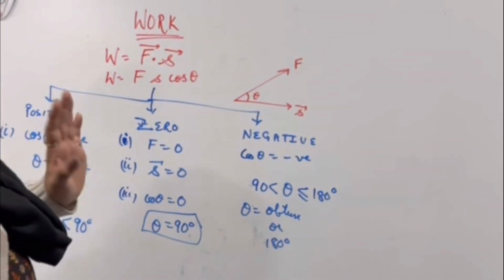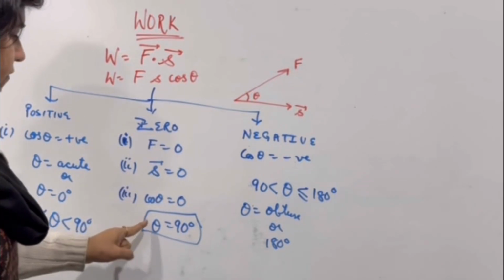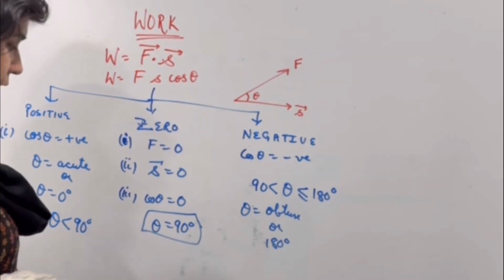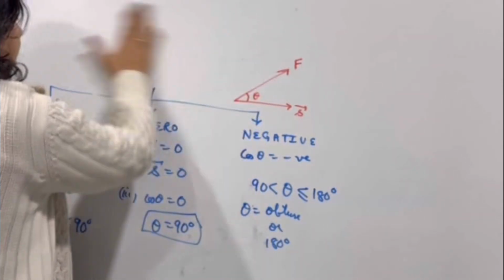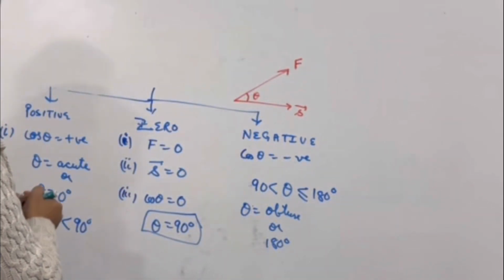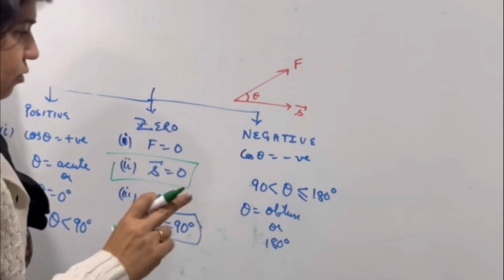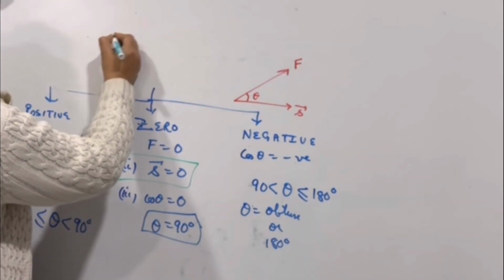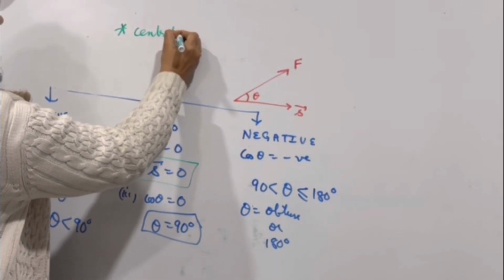Now the examples of the various work done. I will start with 0 work done where the angle is 90. A very important example for this. When theta is 90, or when you come back to your original position, then displacement is 0. An important example is centripetal force.